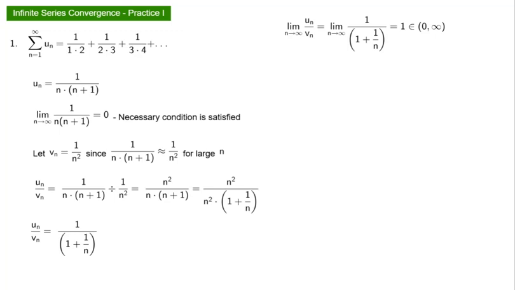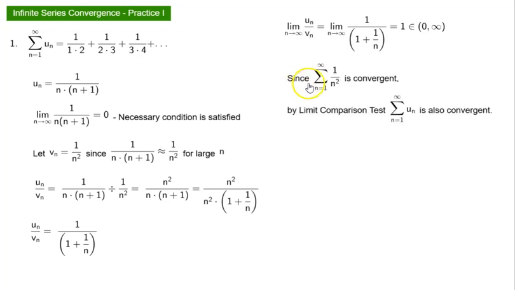Now we take the limit. When we take the limit, 1 by n goes to 0 and we have 1 by 1 which is equal to 1, which is again a finite value, a non-zero finite value. So since series 1 by n square is convergent, by limit comparison test, the series u sub n is also convergent.